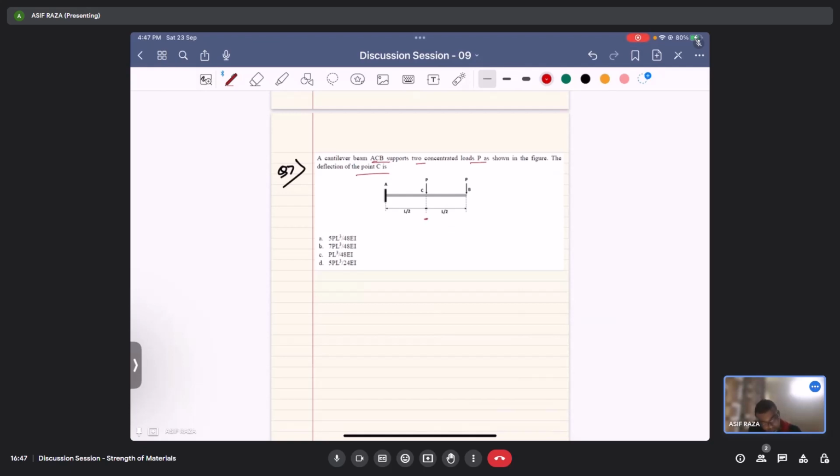So let me draw this again properly. A, C, B, L by 2, L by 2, and EI is the flexural rigidity.